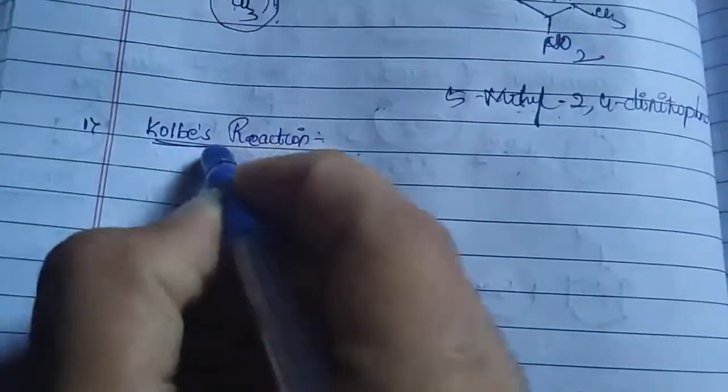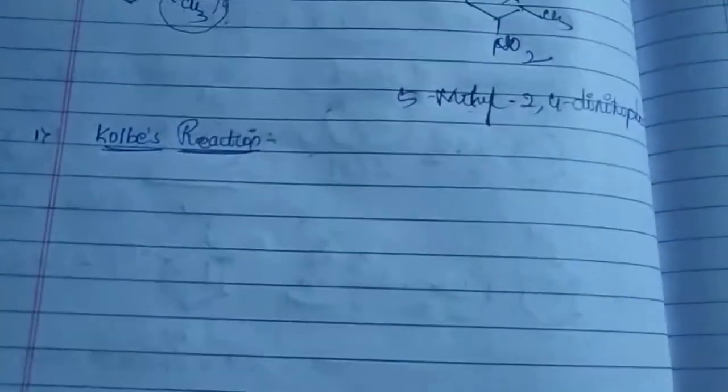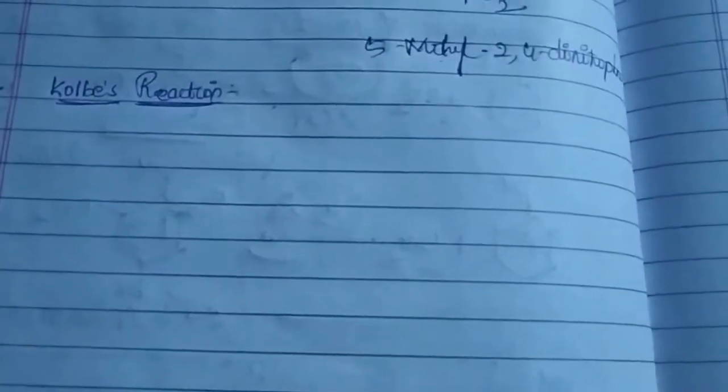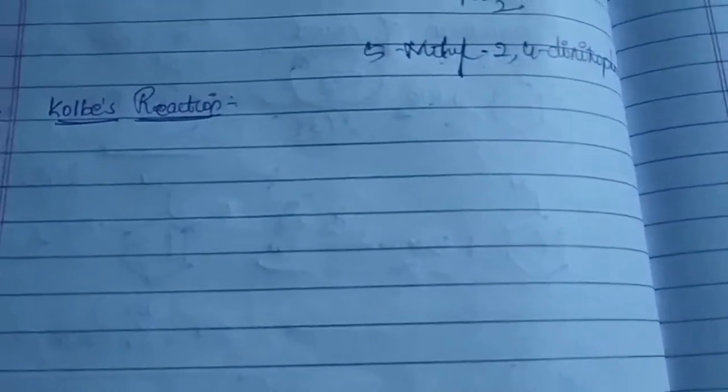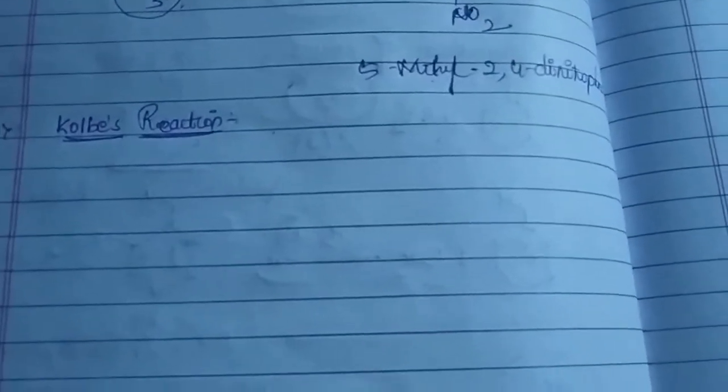Yes, salicylic acid. Do you remember that when salicylic acid was treated with acetic anhydride, we got aspirin? In Kolbe's reaction, today we are going to study how that salicylic acid can be prepared. And do remember, it comes under the concept of electrophilic substitution reactions of phenols.